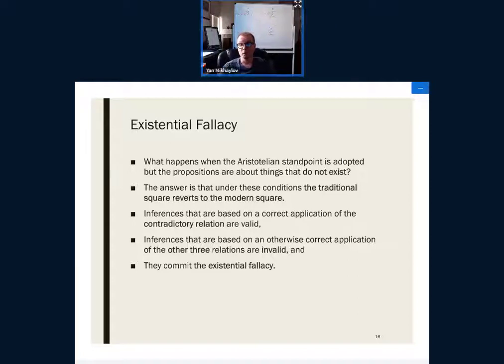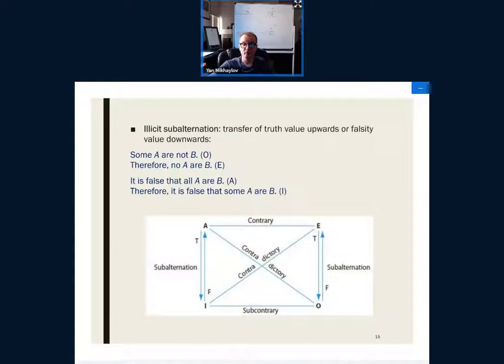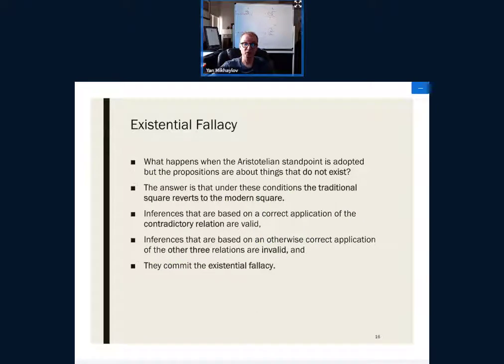Like in this case, some A are not B, therefore no A are B. Let's say you are told some A are not B is false, therefore it is false that no A are B. Okay, now you would be doing valid subalteration. But suppose you are told that A are witches. Well, then it is actually existential fallacy.